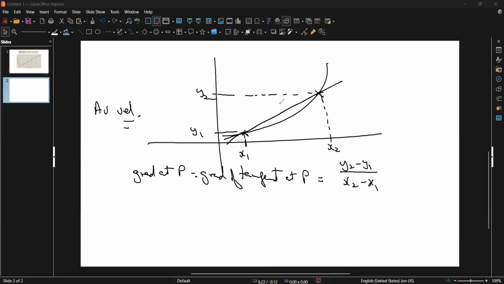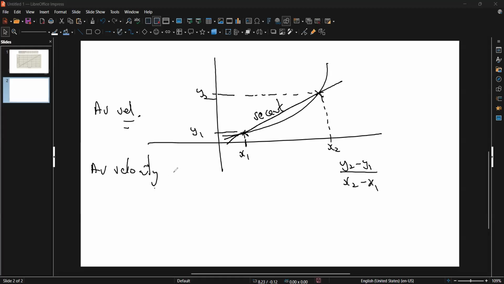So you draw this secant, and the gradient of this secant line, right? The gradient, average velocity. Let me erase all of this and write it properly. Average velocity equals gradient of secant, right?